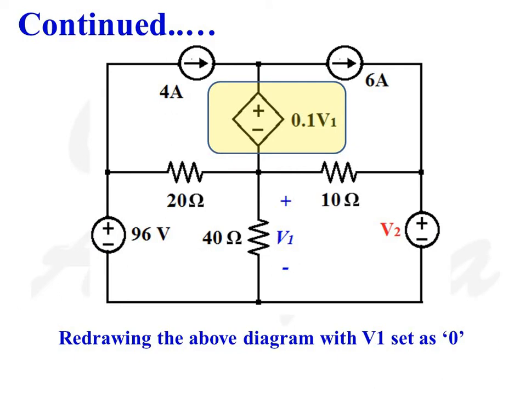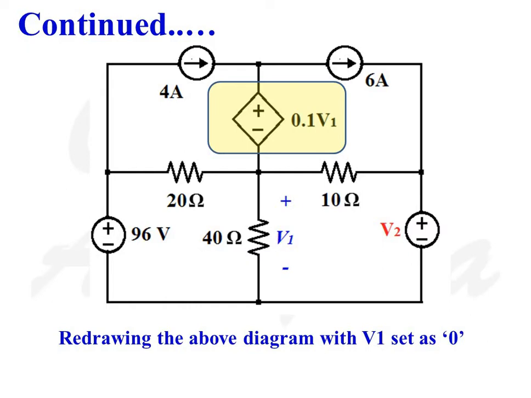Redrawing the above diagram with V1 set as 0. Here the diagram consists of a dependent voltage source whose value depends upon V1. As V1 is equal to 0, the voltage across this voltage source is equal to 0.